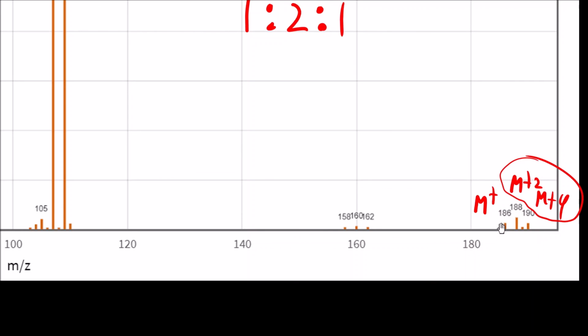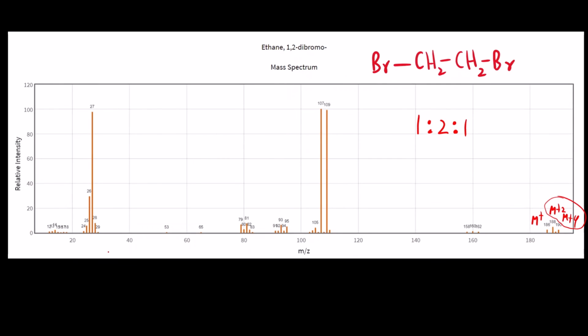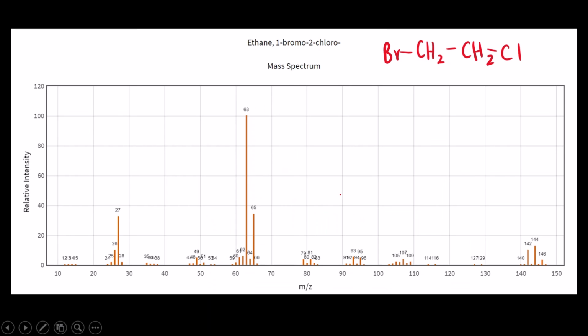And then M plus 4 is again the same as that of 186. That is 1:2:1. Here also you can see this is 1, the height is the same, and this is double of this, so 2. In this way we get the intensity ratio 1:2:1.